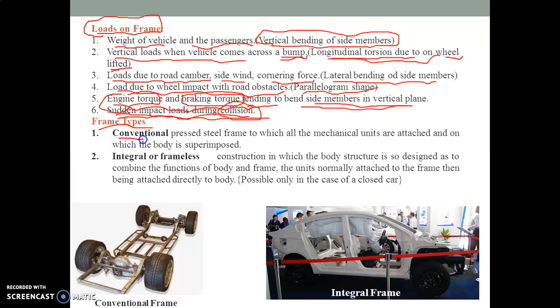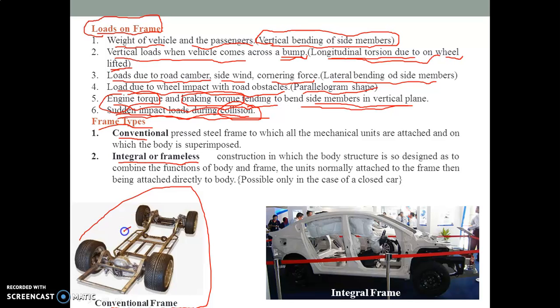One is conventional and the second is integral, also called frameless. In conventional, this is the diagram which represents the conventional frame. What you will observe here is that this is the common case of frame used in very heavy transport vehicles or all other kinds of heavy vehicles.